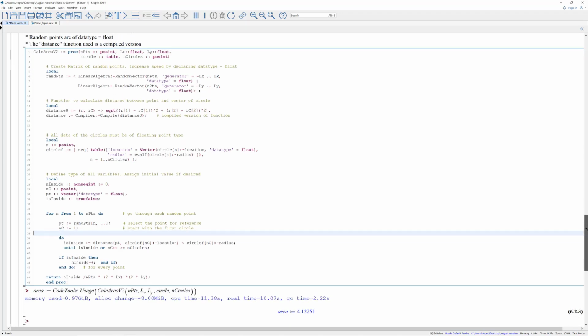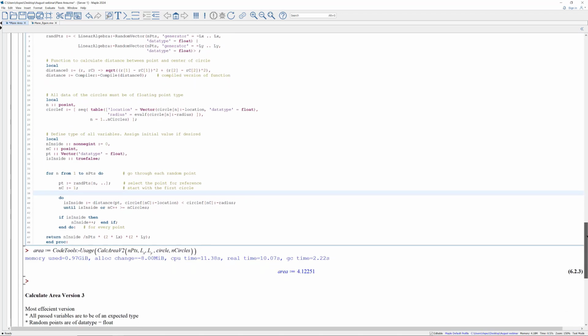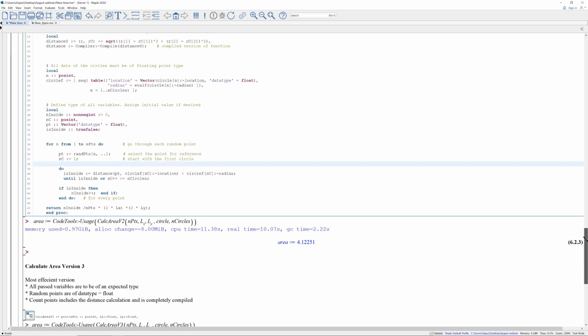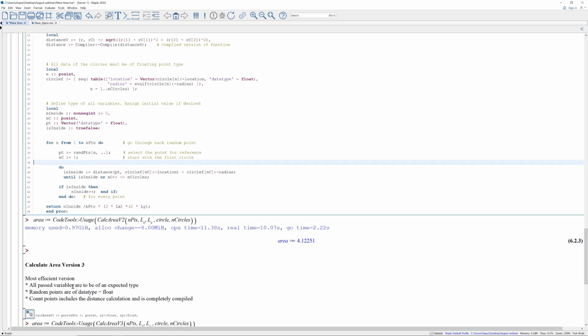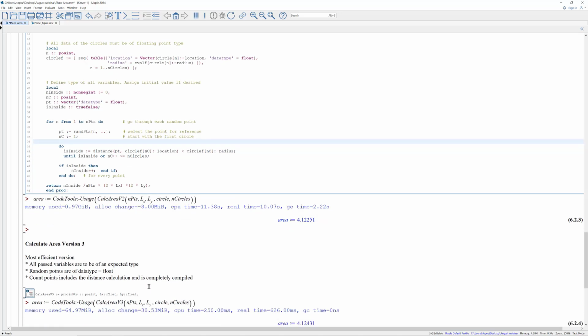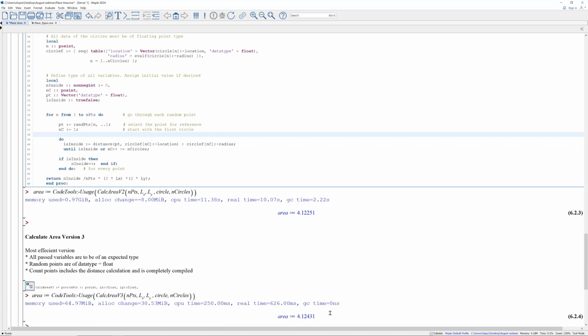Now, Scott's third version is the fastest because all variables are data typed float and the code is completely compiled. You'll see that the time is virtually zero, almost instantaneous. And the area is roughly close to what it should be.